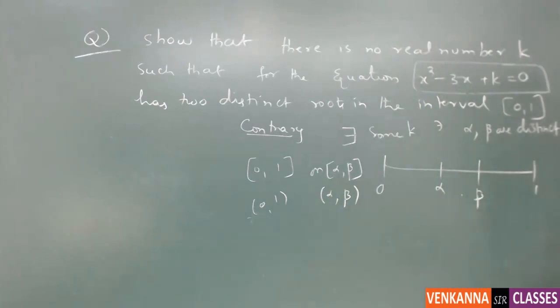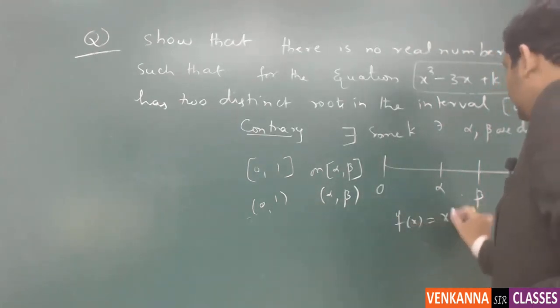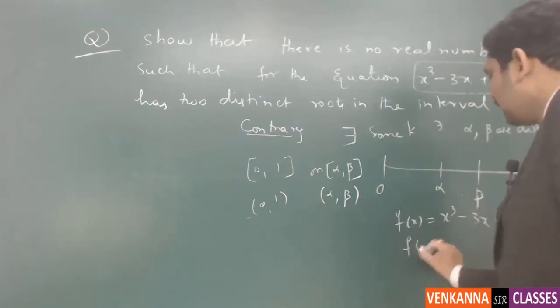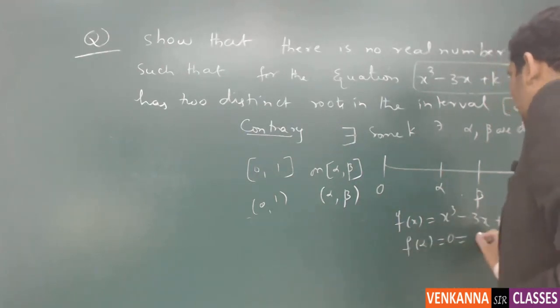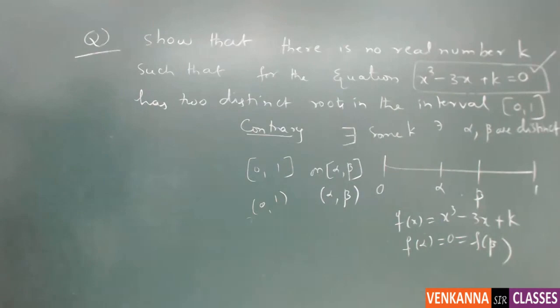As you have taken that alpha and beta are roots of the equation, if you say that f of x is equal to x cube minus 3x plus k, you have f of alpha equal to 0 and f of beta equal to 0 because they are roots. So the given function is continuous, derivable and having endpoints as equal value on the small interval alpha beta.